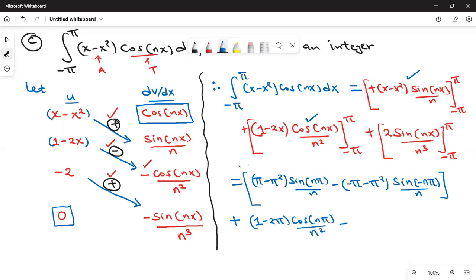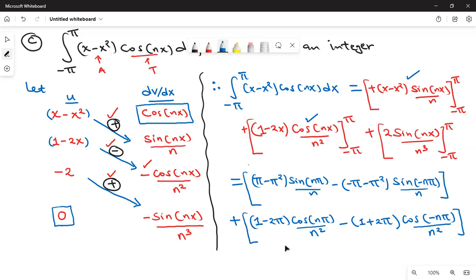Subtract, when I now use the lower limit as negative pi, I'll get 1 plus 2 pi. Remember, it was negative pi where there is x, that's why we have a plus, because of negative and another negative. Then times cosine of negative n pi over n squared. That is the second one.